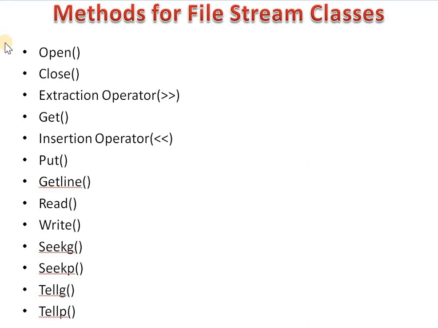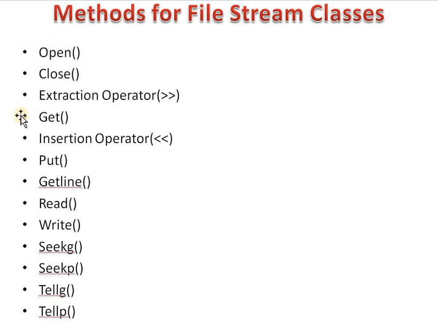That means to associate a file with a stream, we can provide the file name when initializing a file stream object, or we can first create a file stream object and then use the open method to associate the stream with a file. When we see the program, at that time you will see the use of open.